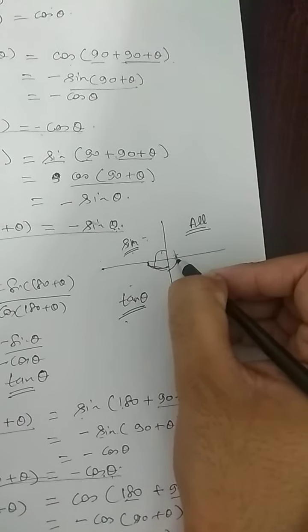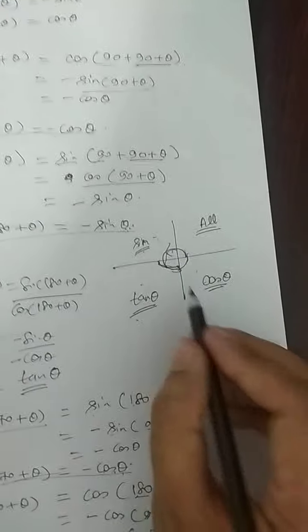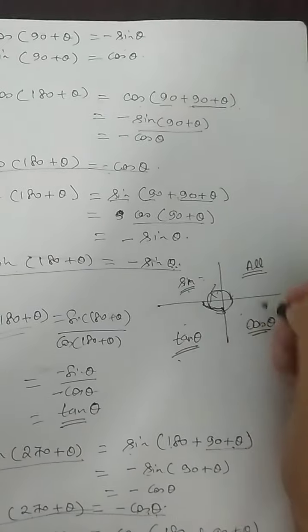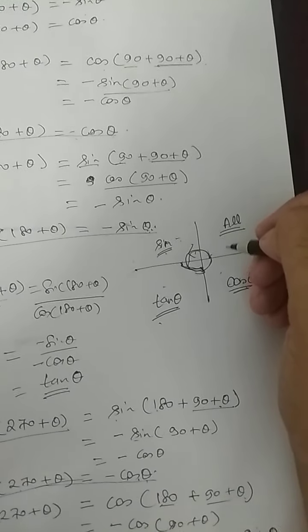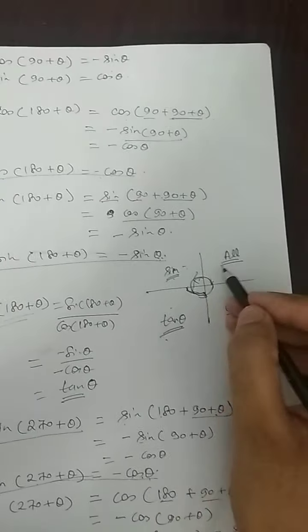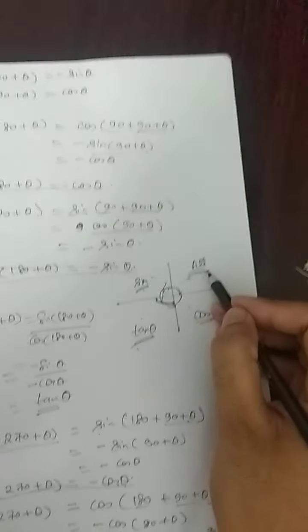Here also we can observe that we are moving anti-clockwise, because remember, in trigonometry, whenever you are considering clockwise, the angles will be negative, and in anti-clockwise angles will be positive. Here also we move anti-clockwise. So if we move anti-clockwise, in the first quadrant all the trigonometrical ratios are considered positive.